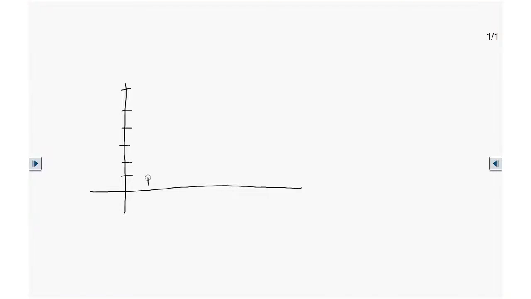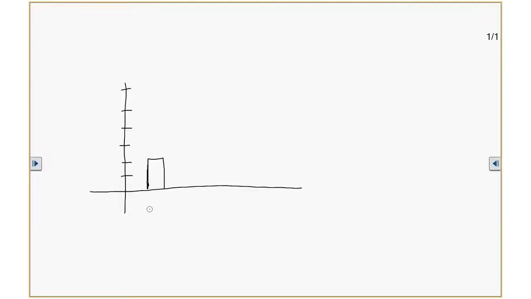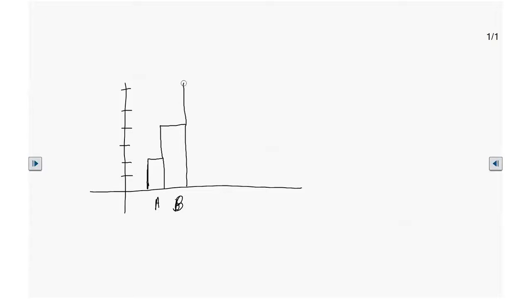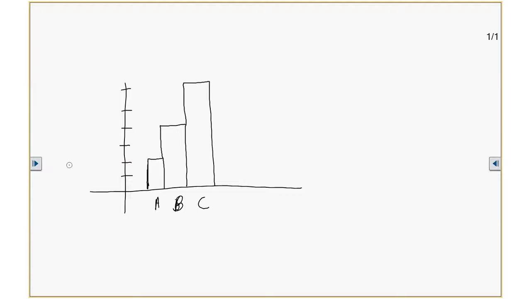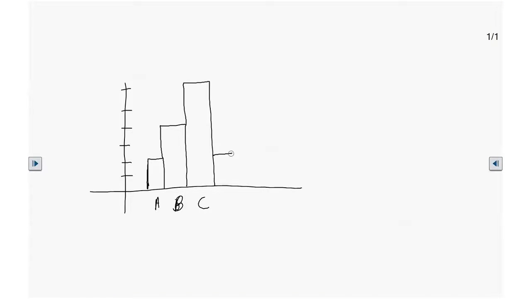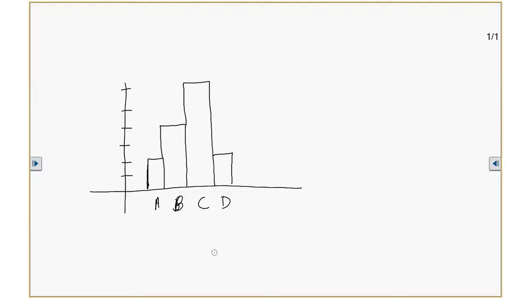I have 4 A's and 8 B's, 12 C's, 2 D's, and no F's.